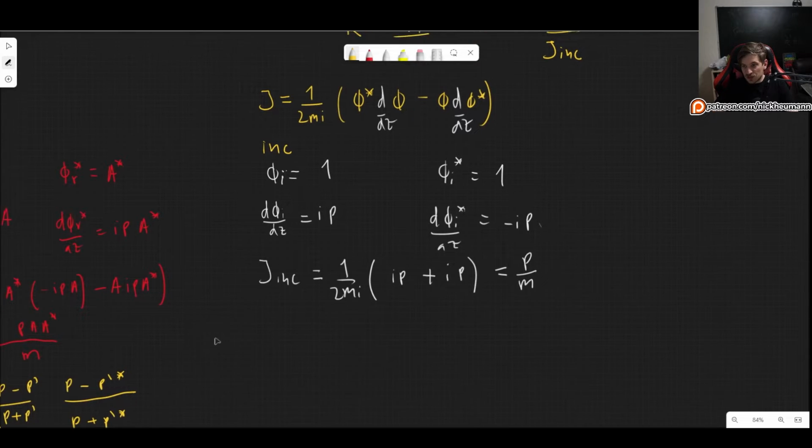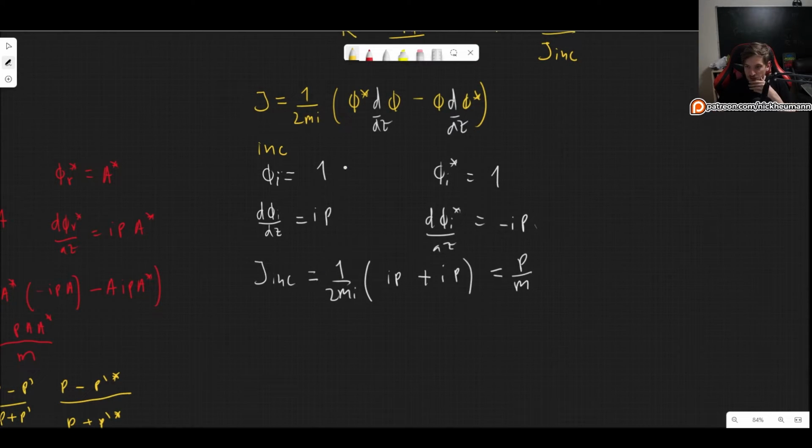Now, finally, let's go for the transmitted one. So I'm going to use yellow, I guess. For the transmitted one, we have phi transmitted. This is going to be b e to the i p z, and not only p, but p prime actually. Then we have the derivative. So the derivative of the transmitted wave with respect to z is i p prime b, and the exponent will go to 0, so we get 1.